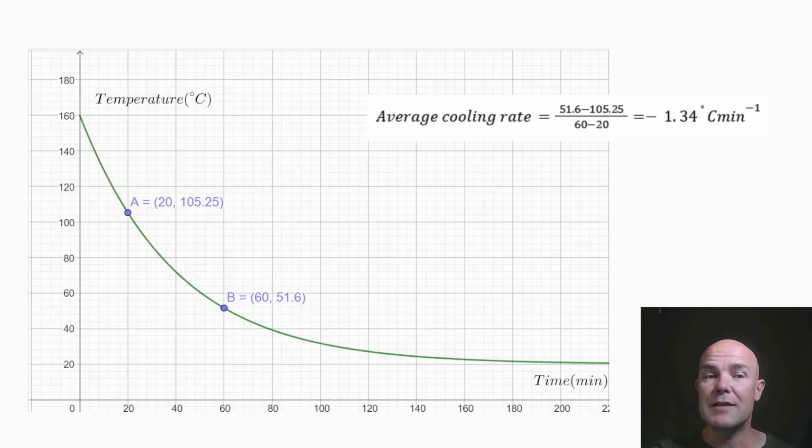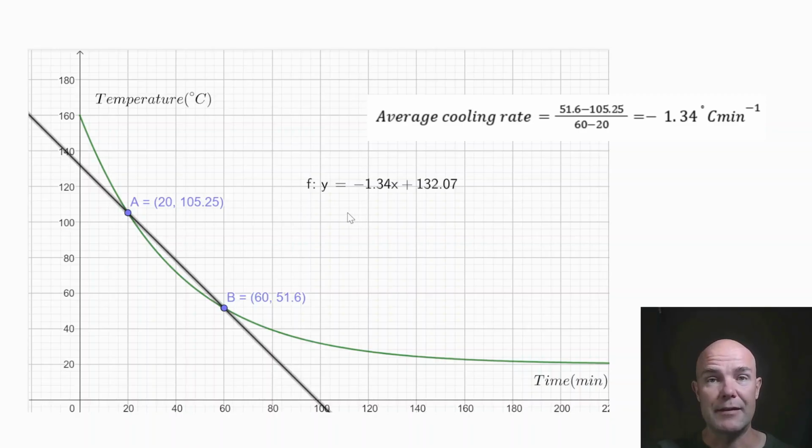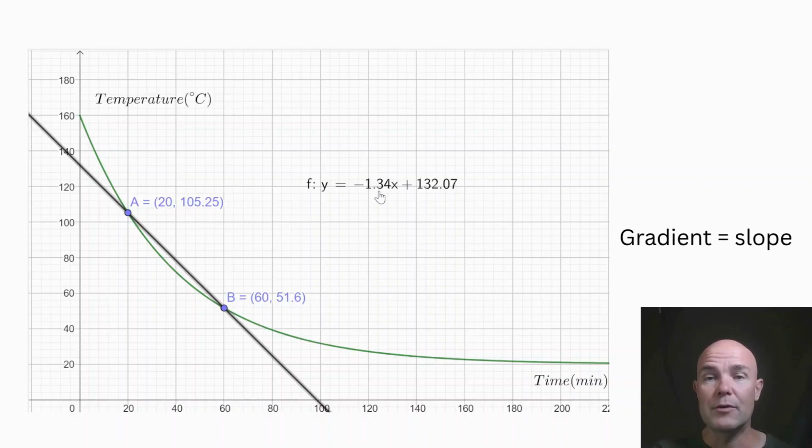Now we get the same answer if I draw a straight line through these 2 points and use the equation for this straight line. We get the same answer from the gradient of this straight line. So the temperature is dropping on average 1.3 degrees per minute when time goes from 20 to 60 minutes.